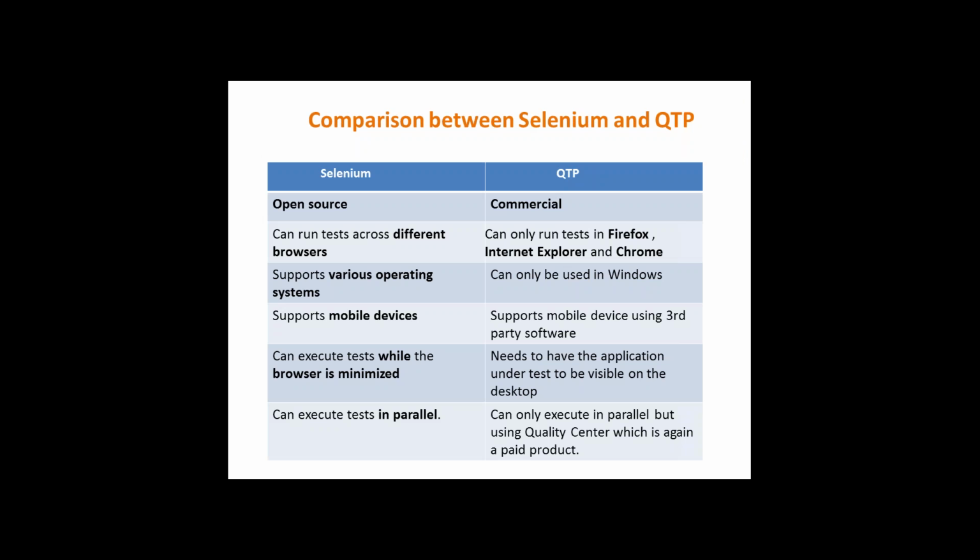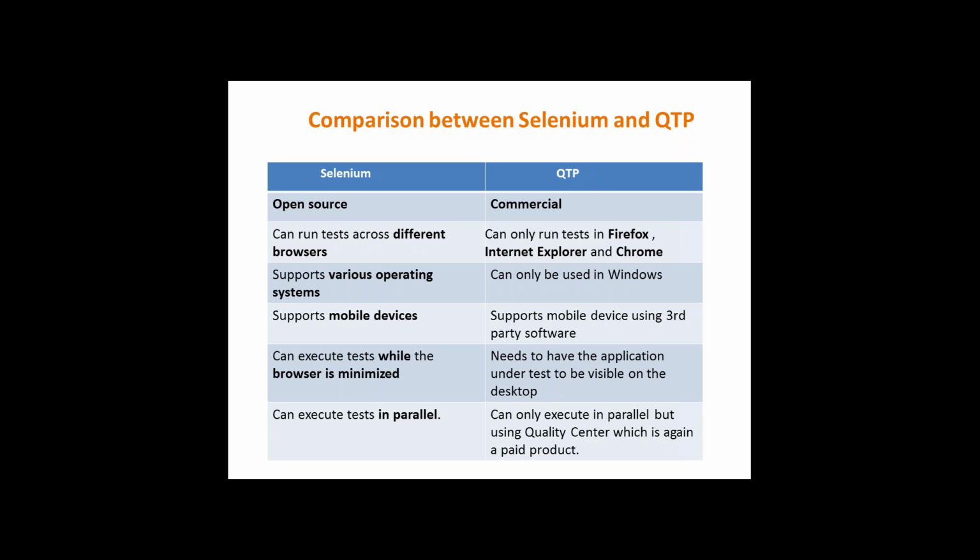Now, for our understanding, a small comparison between Selenium and QTP. Selenium is open source, and QTP is commercial. Selenium can run tests across different browsers, whereas QTP only supports Firefox, IE, and Chrome, with a lag in the latest versions.